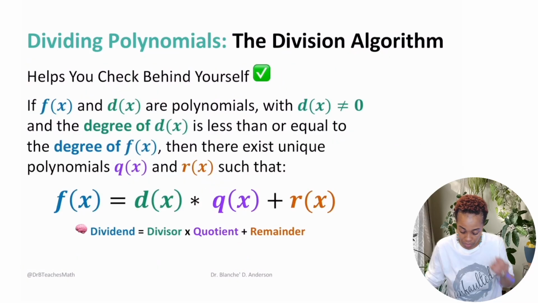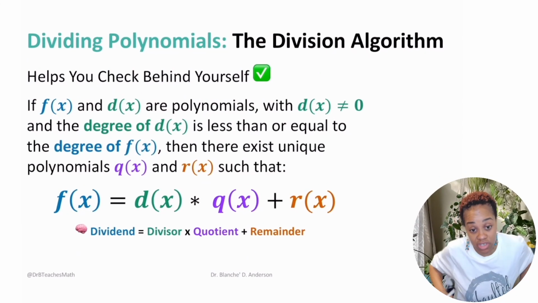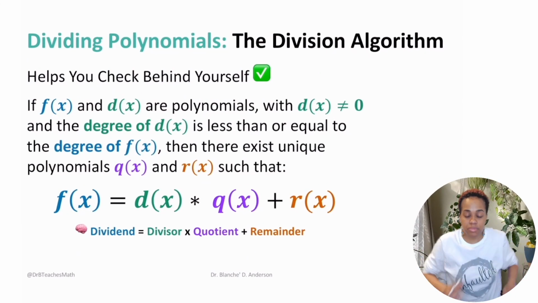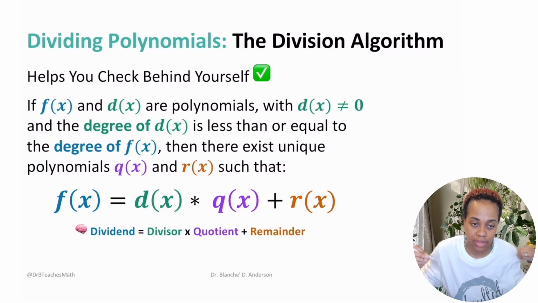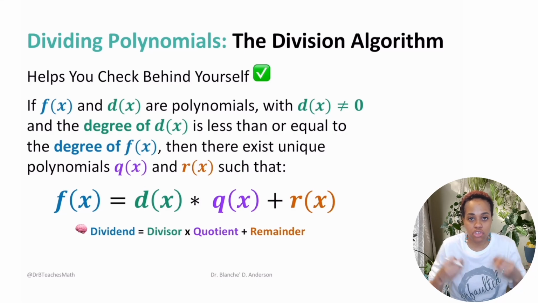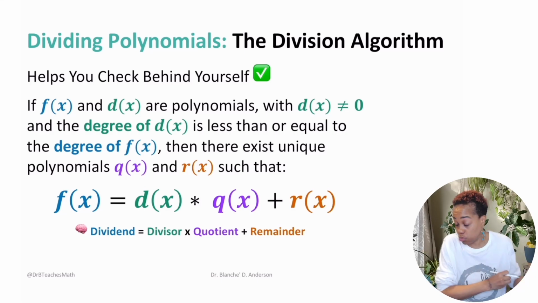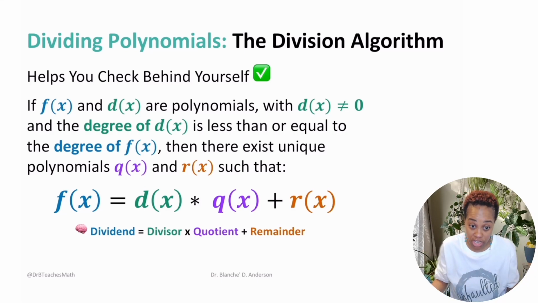Okay. All right. Just some algorithms. Don't think you have to really memorize the terms or anything like that. What you want to focus on is what it's saying, and it's what I literally just said. This helps you check behind yourself.